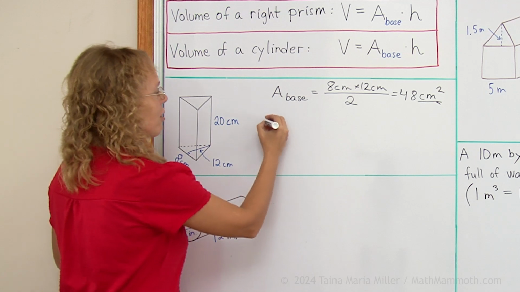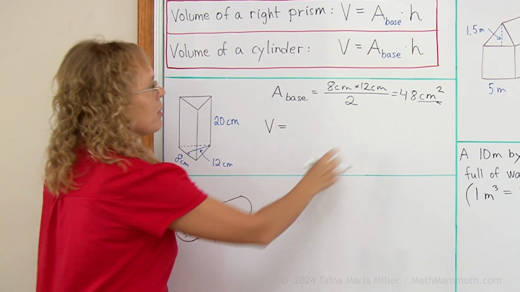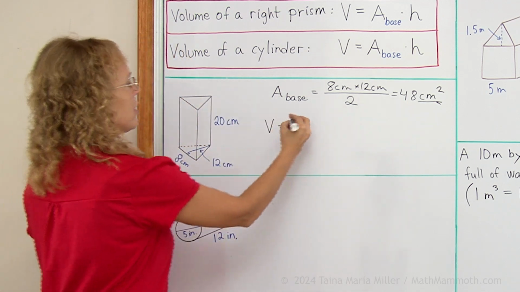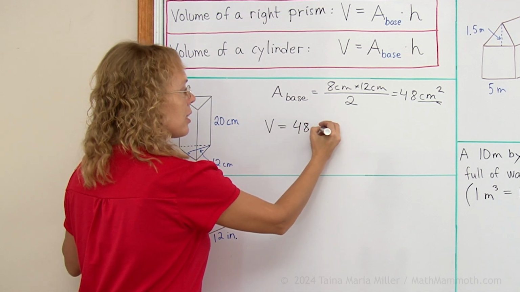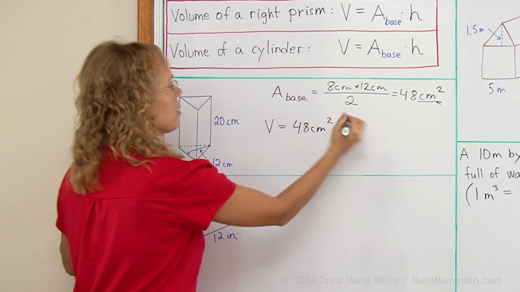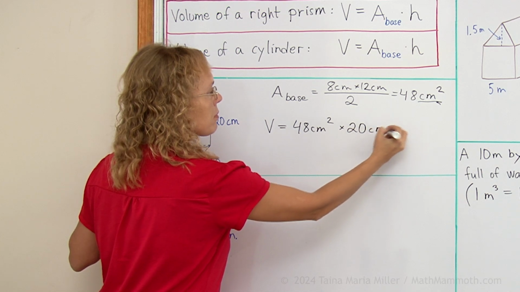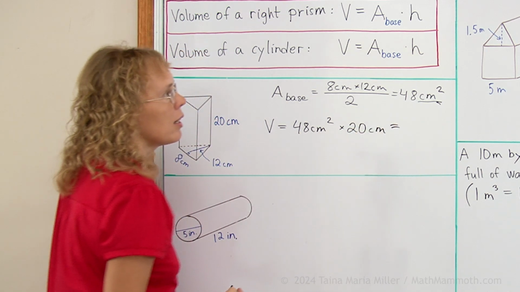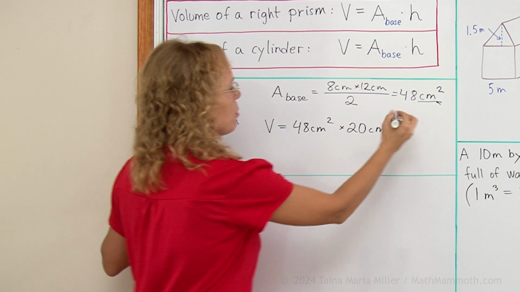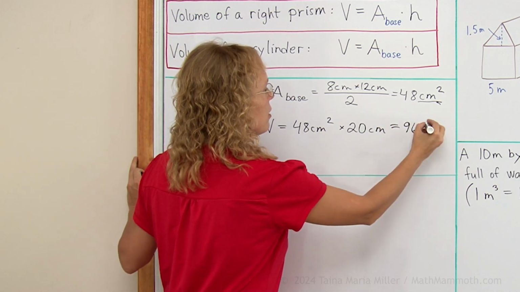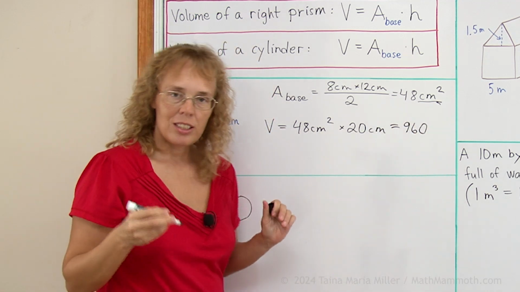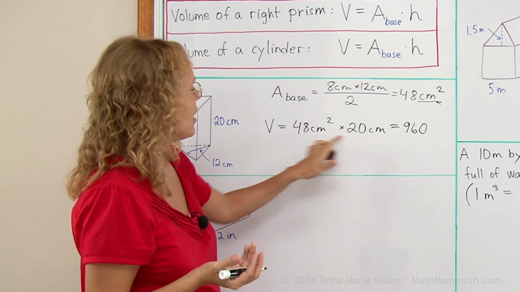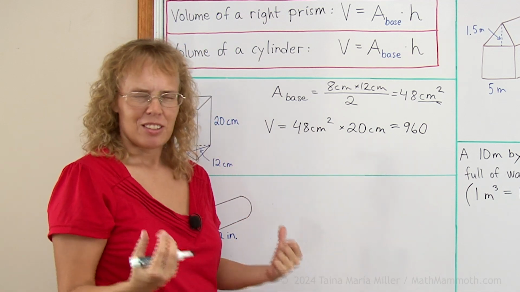And now we take the volume of this whole thing, we take this times the height. It is 48 square centimeters times the height, 20 centimeters, and 2 times 48 would be 96, then the 0, and now the units for the volume would be cubic centimeters, right?